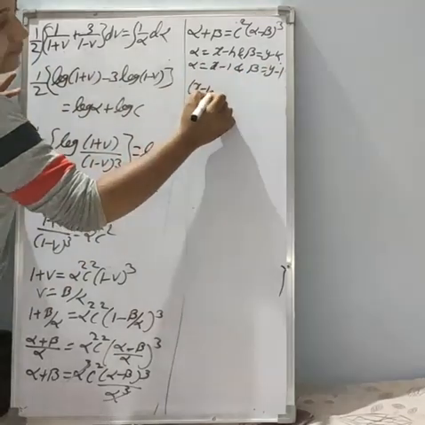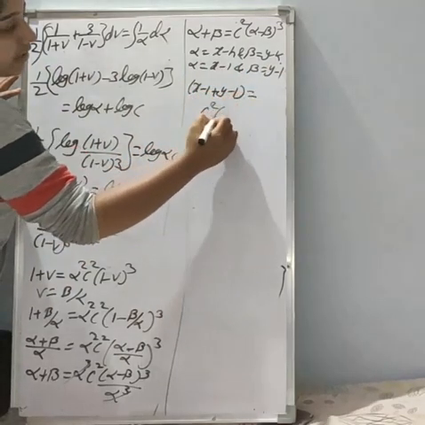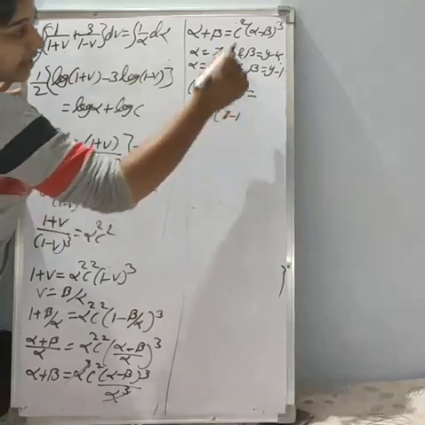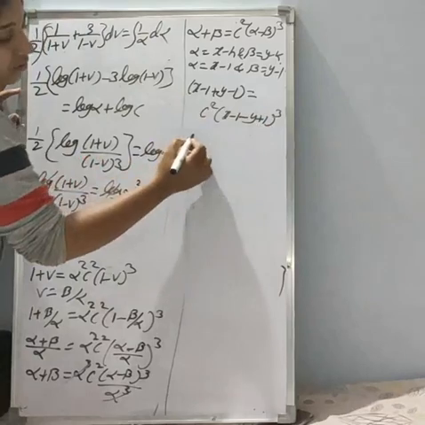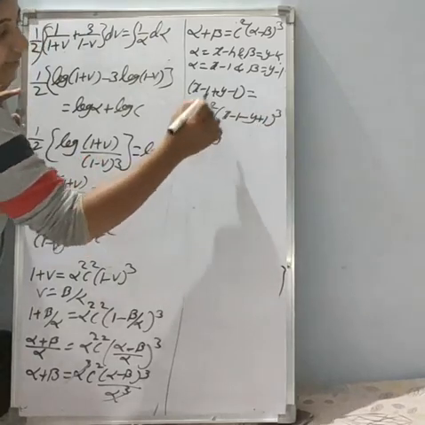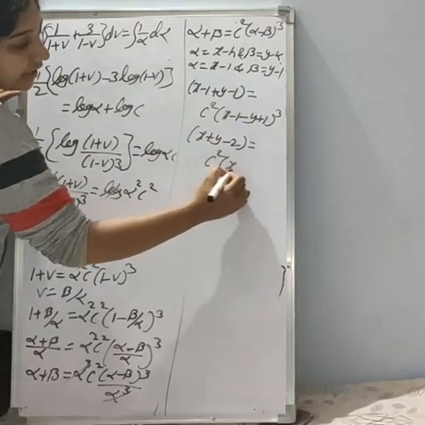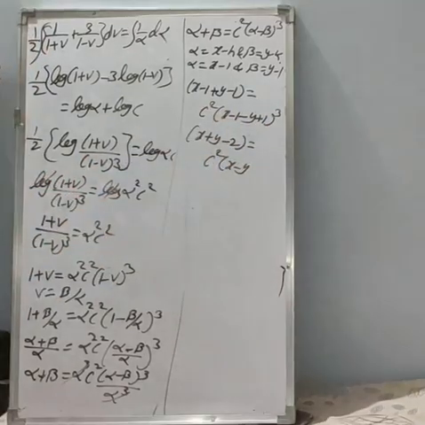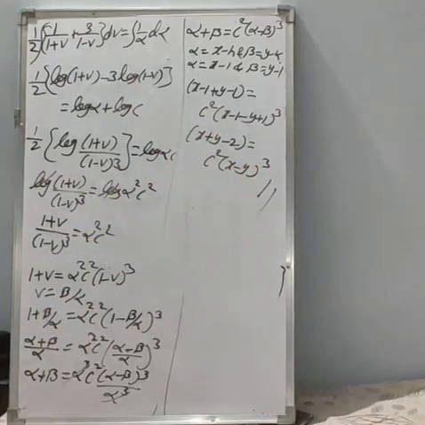So we will get x minus 1 plus y minus 1, this is equal to c square times x minus 1 minus beta, so minus y, minus into minus plus 1, whole cube. So this becomes x plus y minus 2 is equal to c square into x minus y minus 1 plus 1 gets cancelled. So we remain with x minus y whole cube. So this is the required solution of the given differential equation.